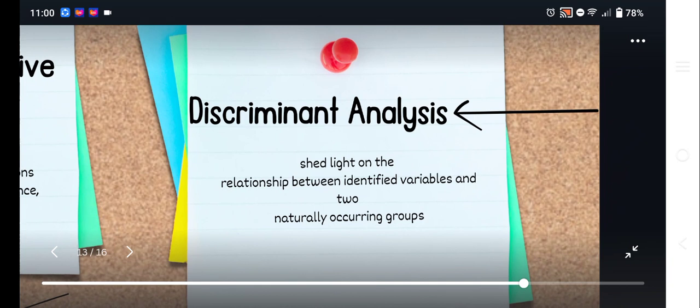Dito naman tayo sa discriminant analysis. This is also called discriminant function analysis.